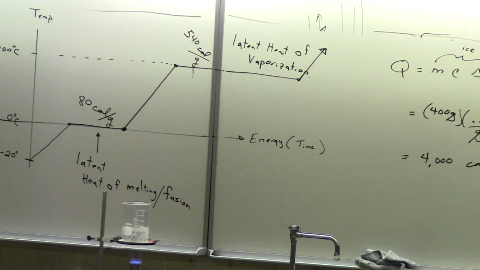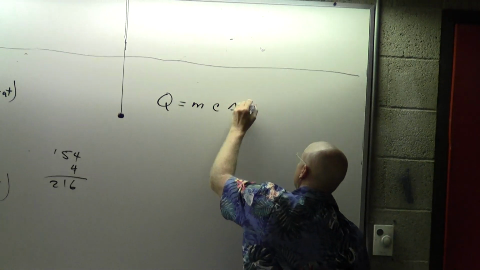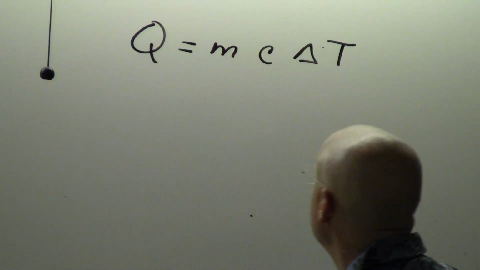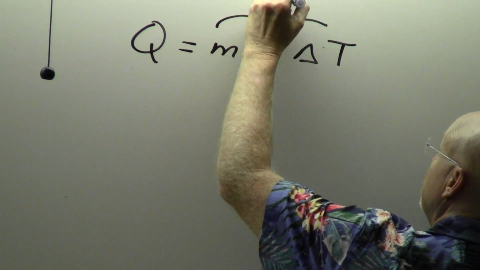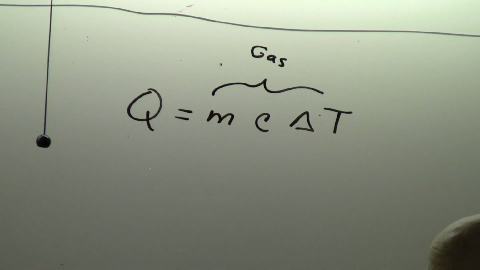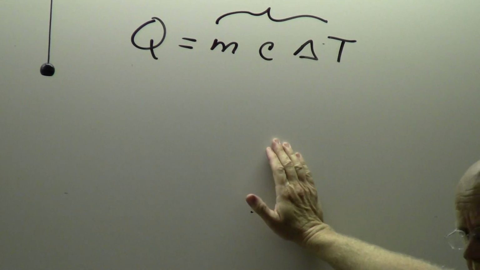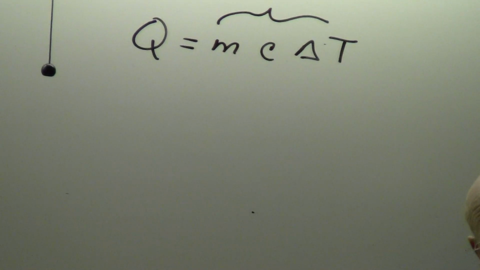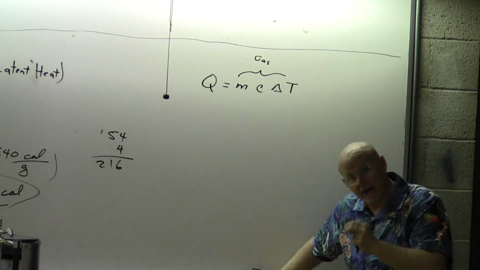And then to calculate how much energy that would be, I would go back to the mc delta T. And of course, this would be the H2O in the gas state. And let me emphasize again, as I said earlier, don't assume that the specific heat in the gas state is the same as the specific heat in the liquid state.